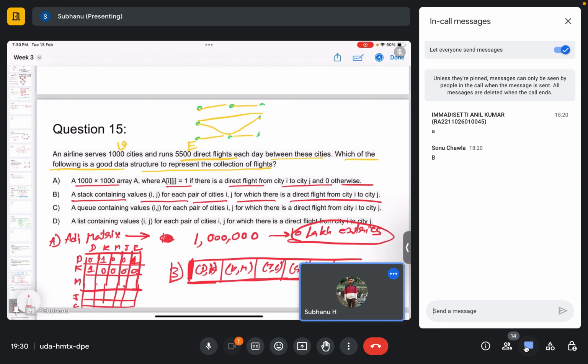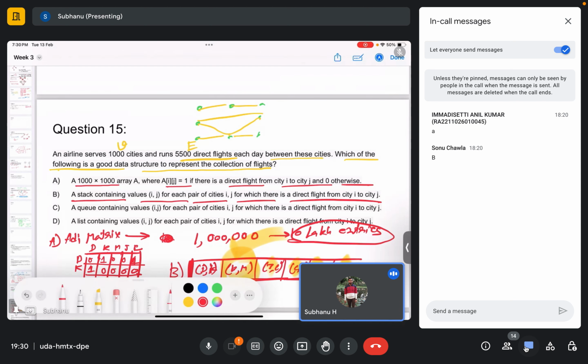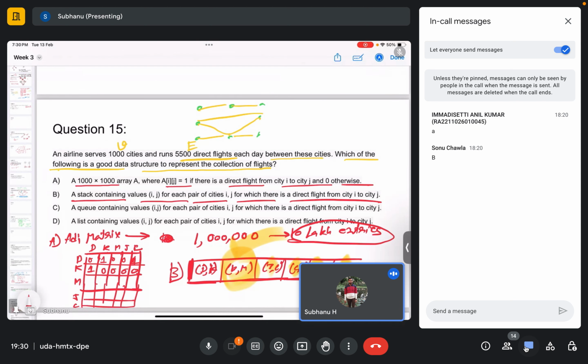Here you are saving the collection of flights in the data structure. To access this stack, first you have to remove this element, then you can access that element. You can't directly access it, because in a stack you first have to remove this element. So using the stack data structure here is a very bad idea.